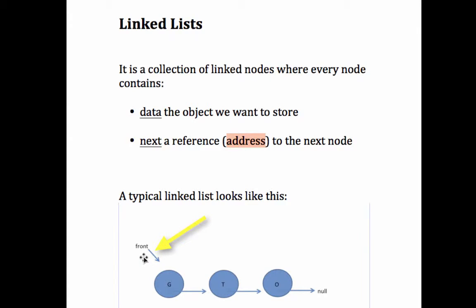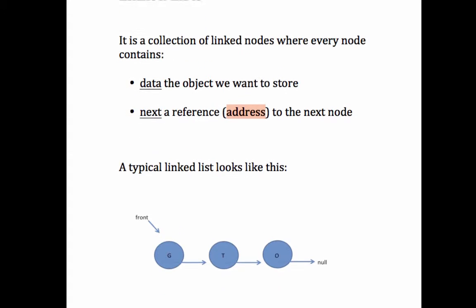So typically, a linked list has a reference that will indicate where the first node on the list is. This is what we call an external reference. External because this reference is not attached to any node. This reference simply is used to know the address of the first node where the list starts.